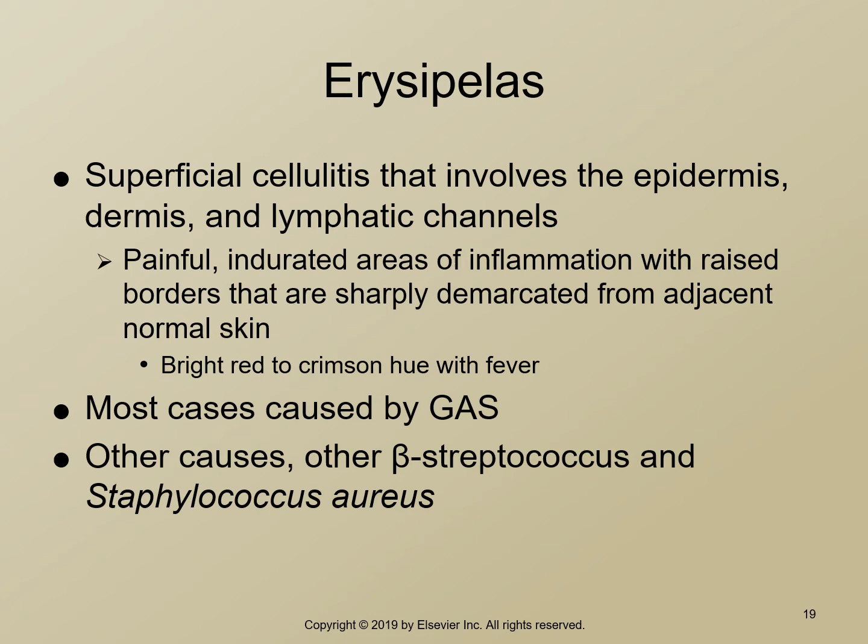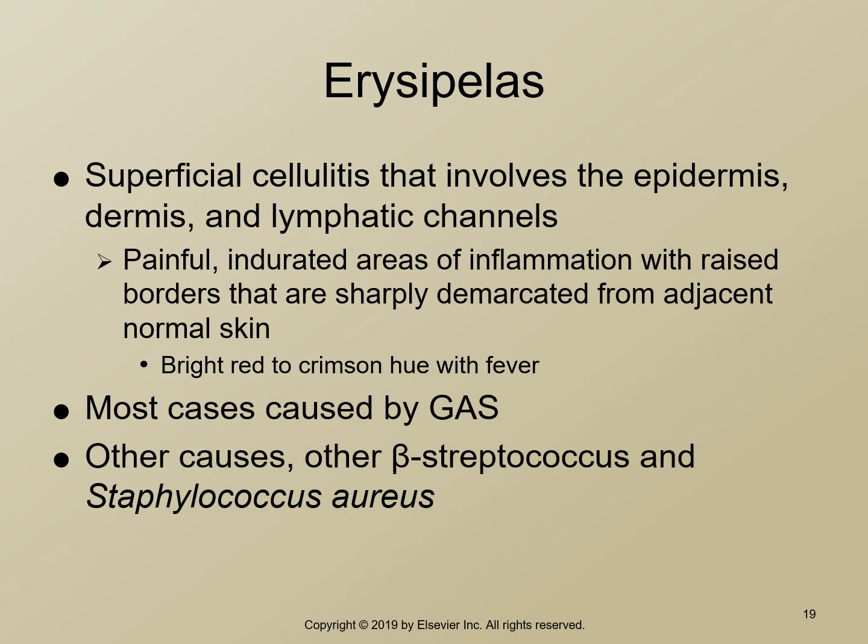Erysipelas is the next type of pyoderma we'll discuss. This is a type of superficial skin infection that involves the epidermis and the underlying dermis and lymphatic system. It's usually seen in children and older adults. The infection typically occurs on the face, but sometimes can be seen in the lower extremities.